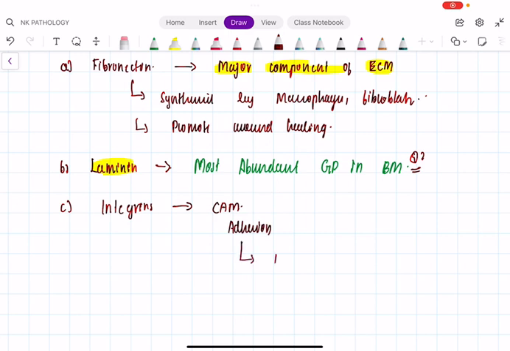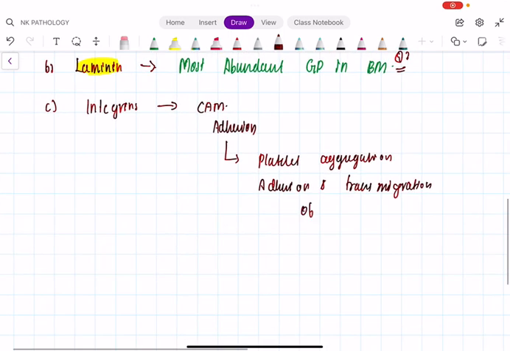Integrins also mediate, in inflammation, platelet aggregation, adhesion, and transmigration of WBCs, leukocytes. So that is the role of integrins in acute inflammation. I hope that is clear.